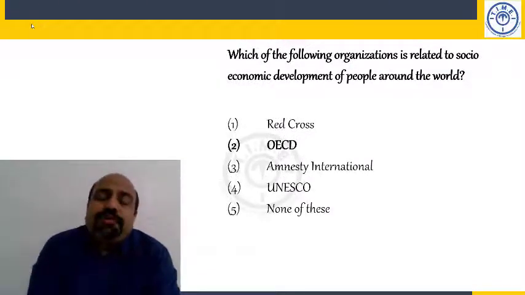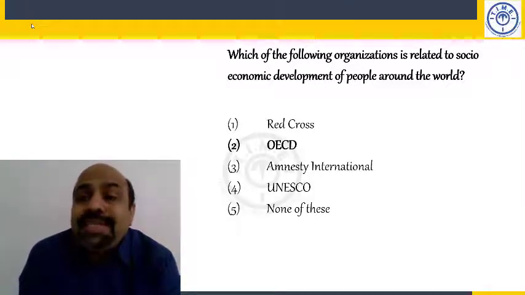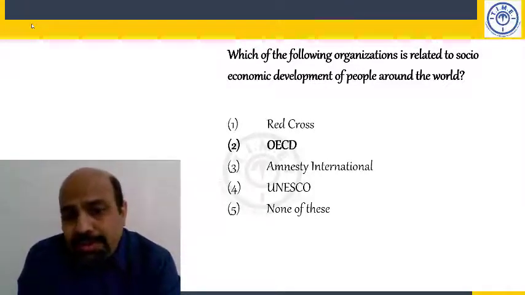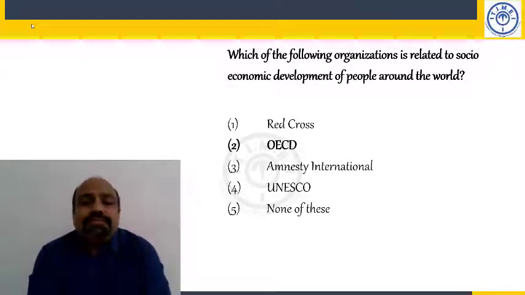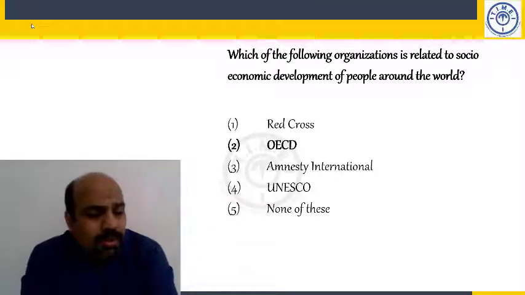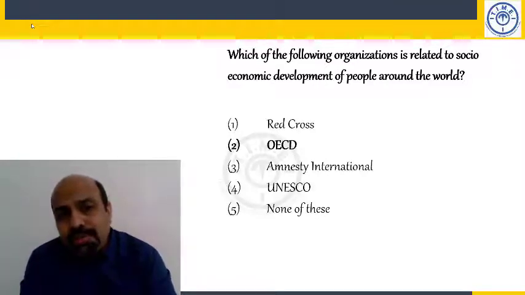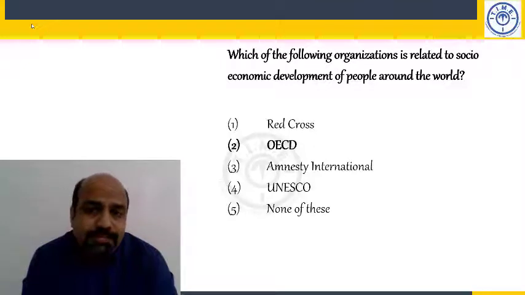Next. Which of the following organizations is related to socio-economic development of people around the world? The OECD. Why don't you write this: OECD, underline that. Organization for Economic Cooperation and Development.